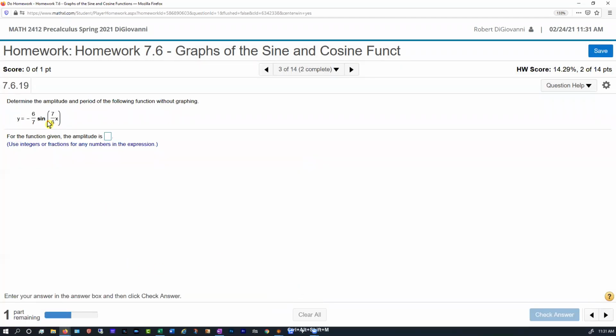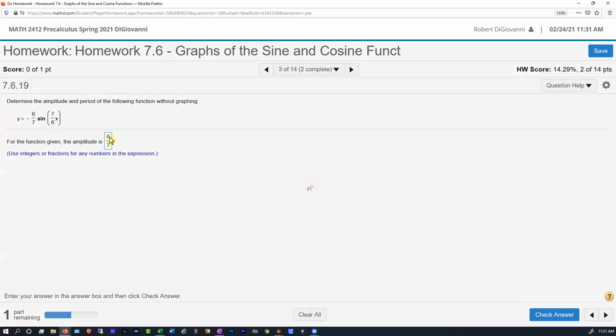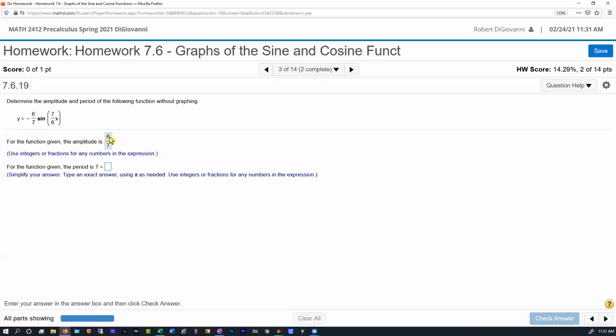All right, for this one, the amplitude, we take the absolute value of this number in front. So it's just 6 over 7. And then for the period, again, I've got to take 2 pi and divide it by the number in front of the x, which is 7 over 6. So that's the same as taking 2 pi and multiplying it by the reciprocal.